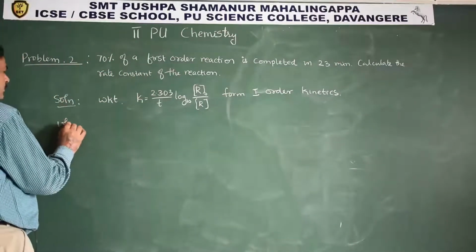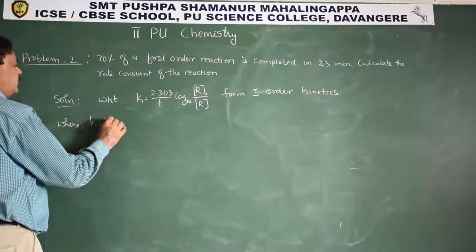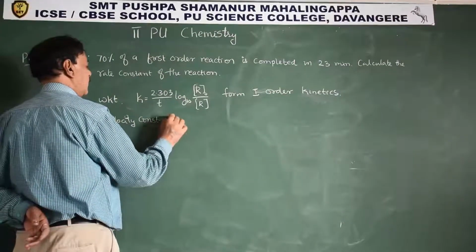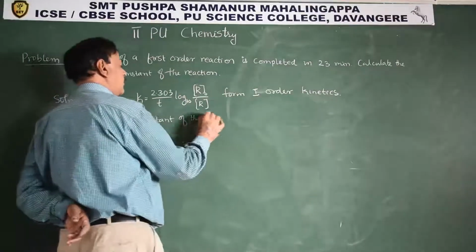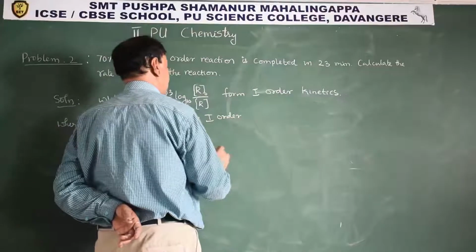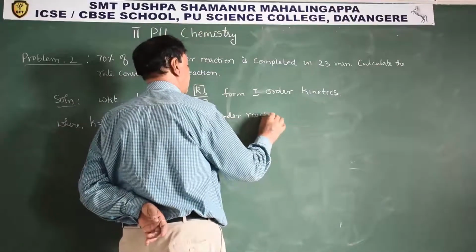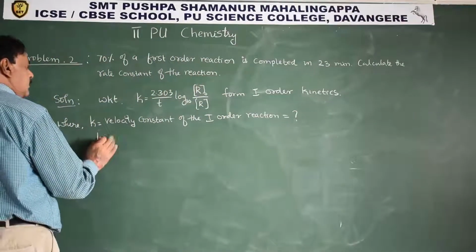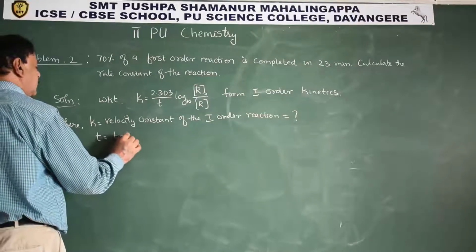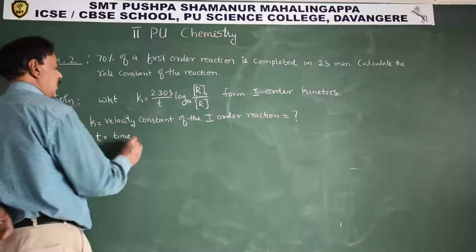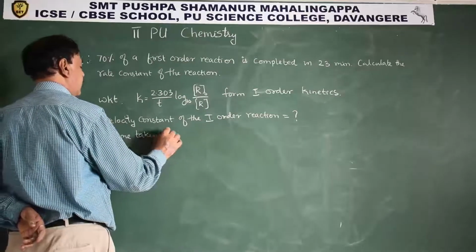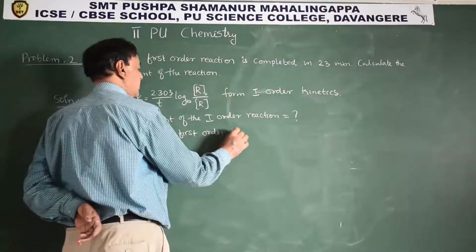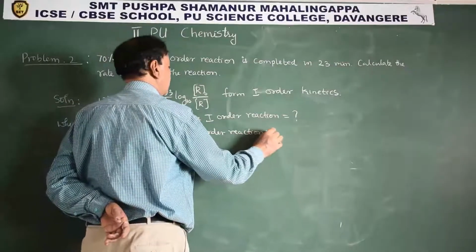Substitute the values, where k is the velocity constant of the first order reaction that has to be calculated. t is the time taken by the first order reaction, that is 23 minutes.